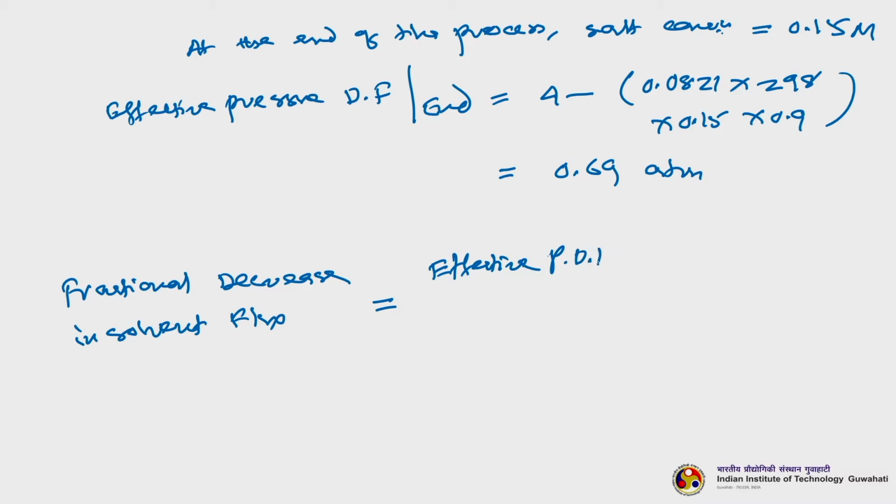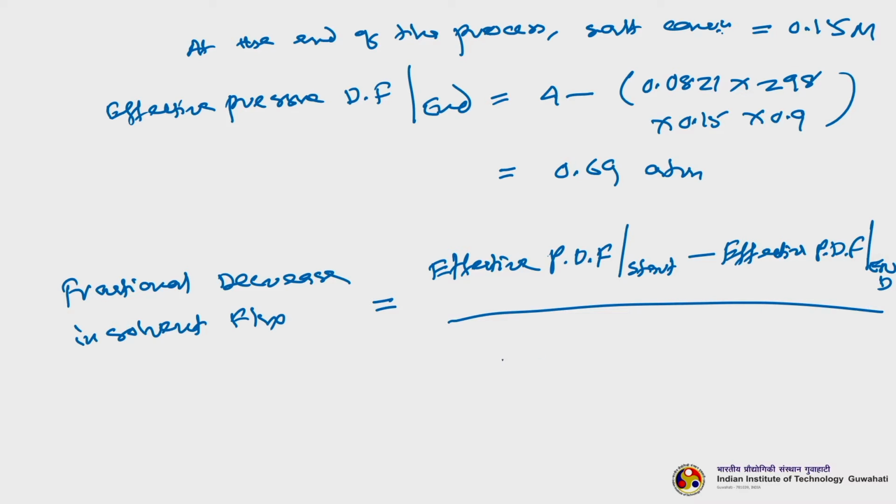So, it is the effective pressure driving force at start, minus the effective pressure driving force at end, whole divided by the effective pressure driving force at the start.